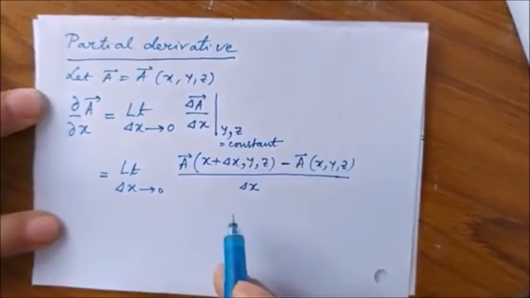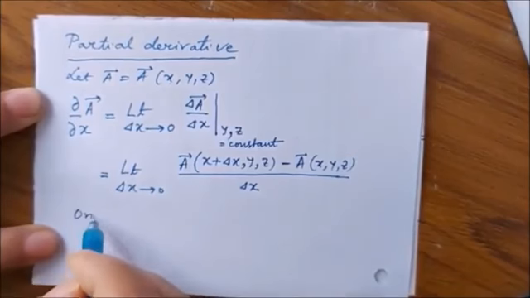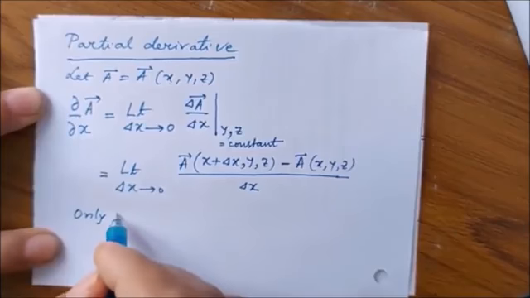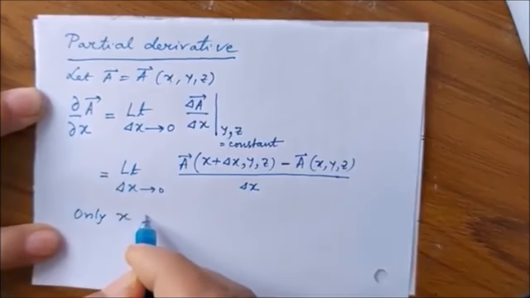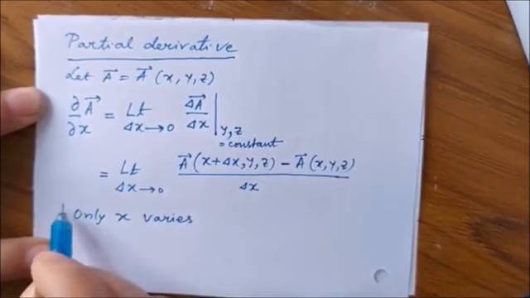So this is the definition of partial derivative. Here only the relevant variable, here x, varies. Hence it is called partial derivative.